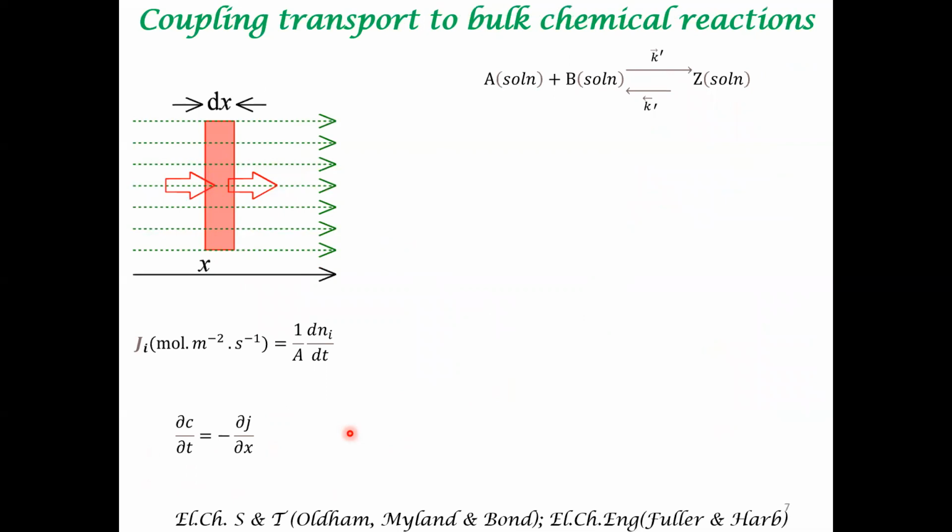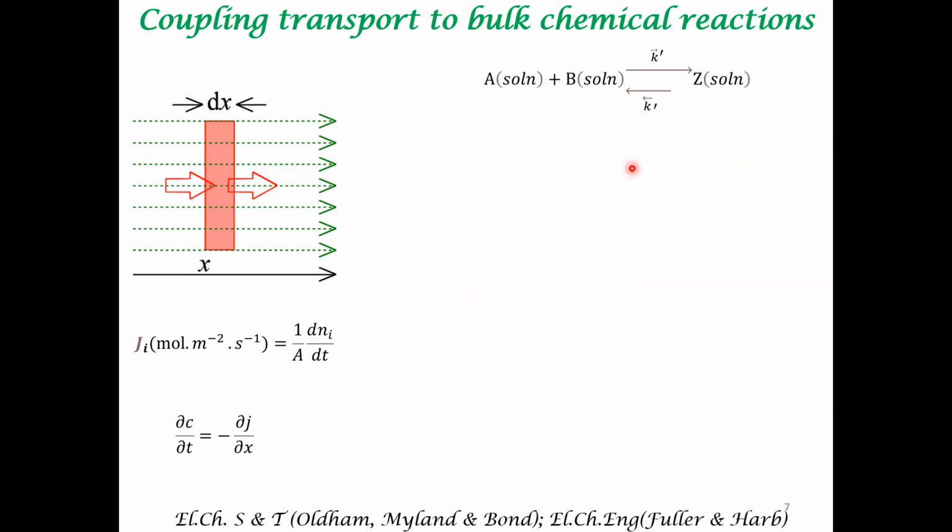How do we couple chemical reaction to transport? Supposing you consider a bulk reaction. In the previous 2 slides, we looked at influx and outflux of chemical species, right? There can be another reason why the species can disappear or appear. That is due to chemical reaction.